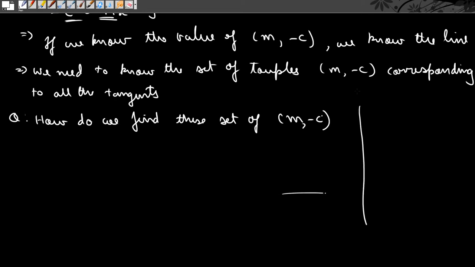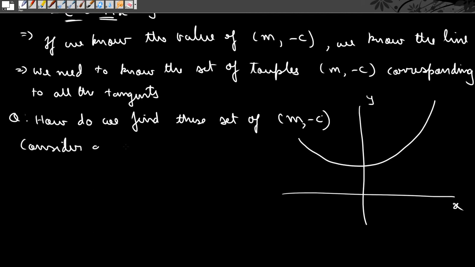Let us say we have our convex function which looks something like this. All right, now what I do is I choose a particular m. Okay, so what we'll do first, so consider a convex f of x, and choose some m naught, that is some value for the slope. You just choose it.